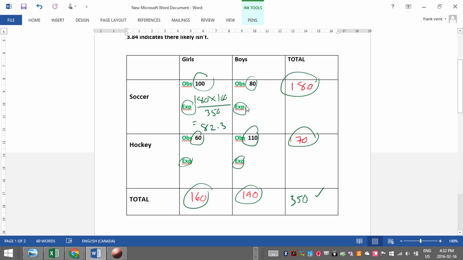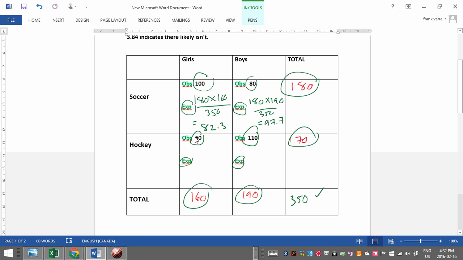Here, the expected for boys playing soccer, again this is in row 1, so it's the total from row 1, times the total from column 2, over the total, 350. That would give us a value of 97.7.